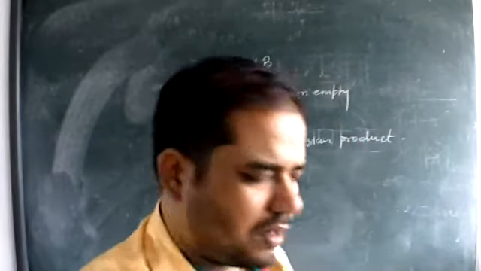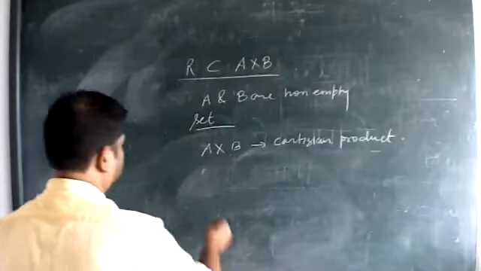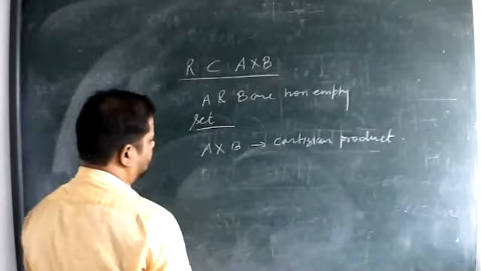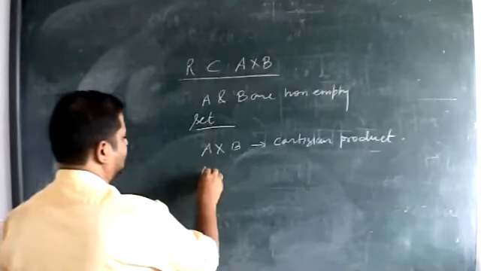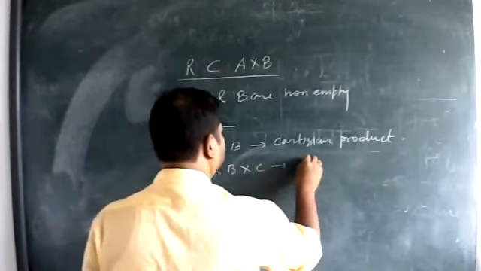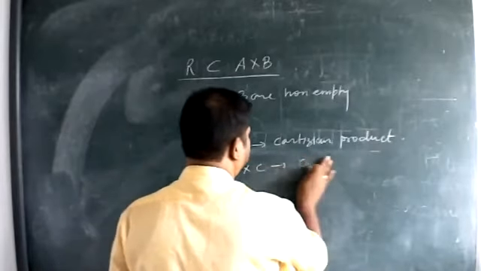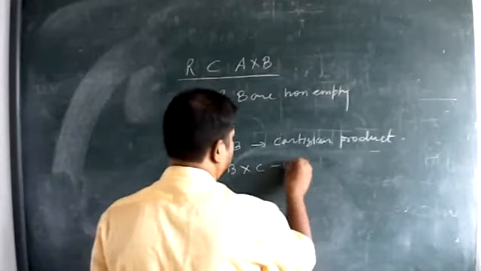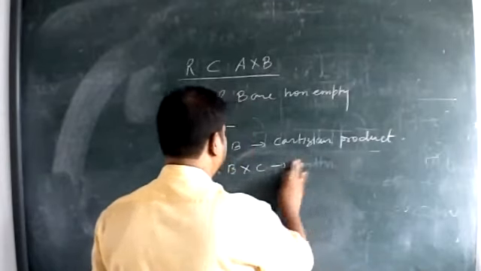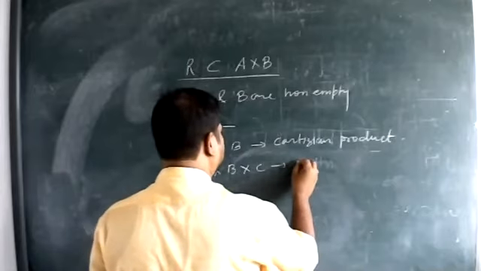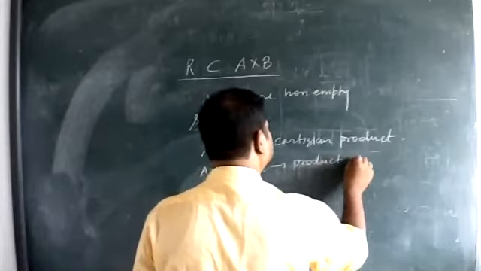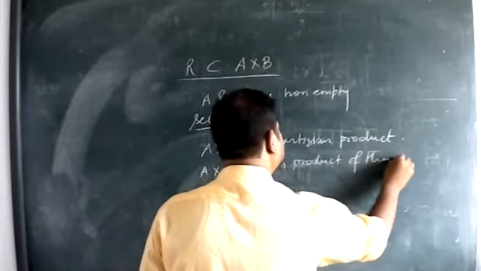अगर A क्रॉस B की बात करें, then this is the Cartesian product of two sets. A क्रॉस B क्रॉस C की बात करें तो that means product of three sets, maybe three dimensional.